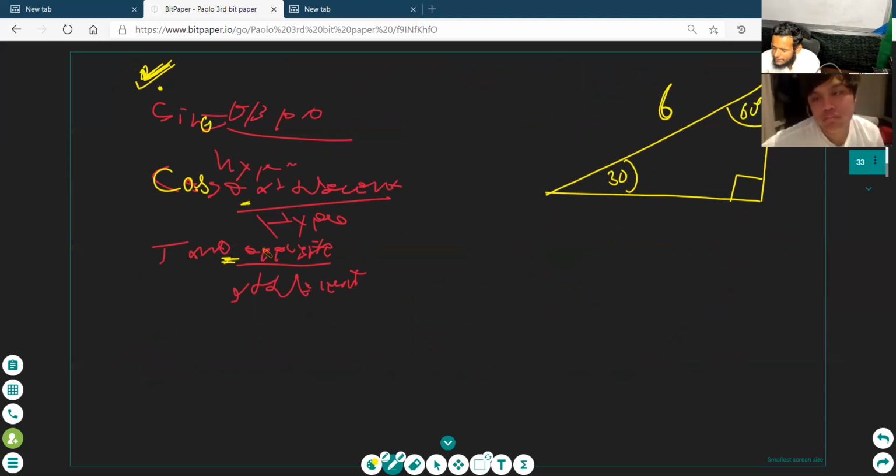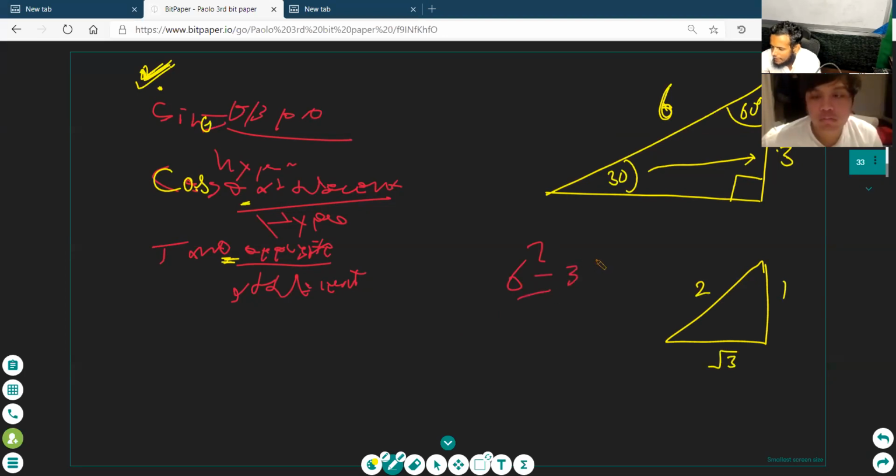We have studied that the side opposite 30 is half of the hypotenuse, so the hypotenuse is double. We make this 1, here is 2, here is root 3. Then our h will be 3, according to the 30-60-90 degree triangle concept.